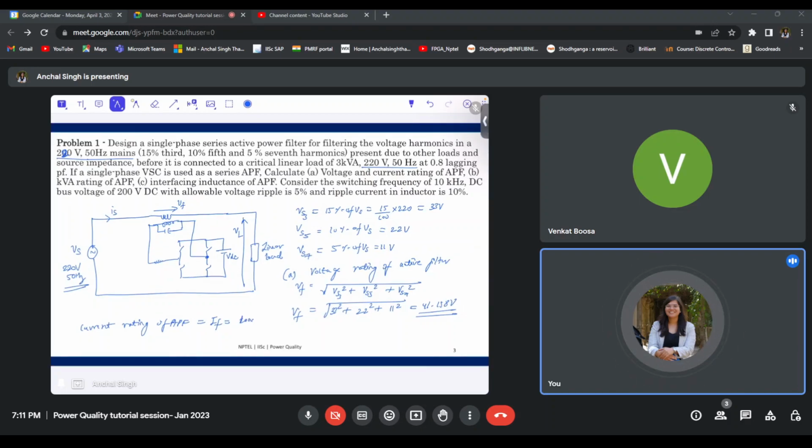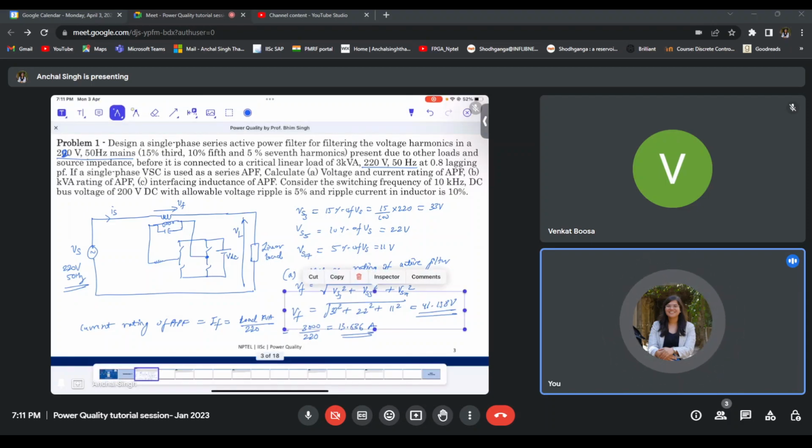So we can find this filter rating because it's a series circuit, right? So IF will be equal to IS. So we can find it by load kVA divided by the voltage across the source. So it will be 3000 by 220. It will come out to be 13.636 amperes. Okay. This is the voltage and the current rating.